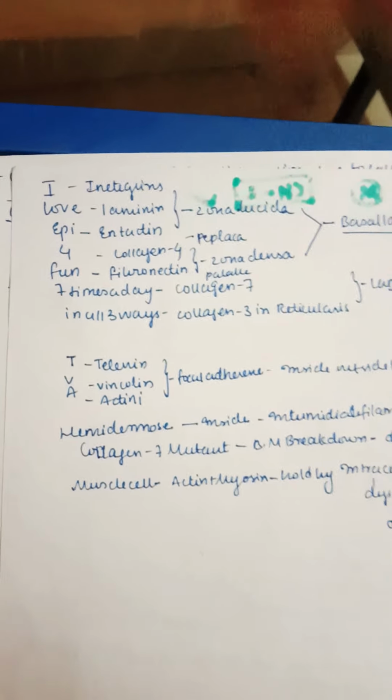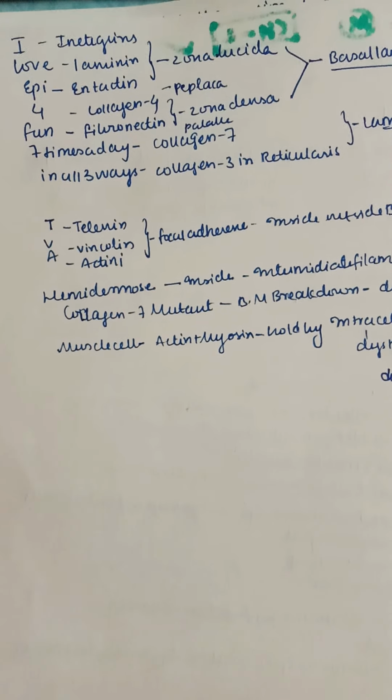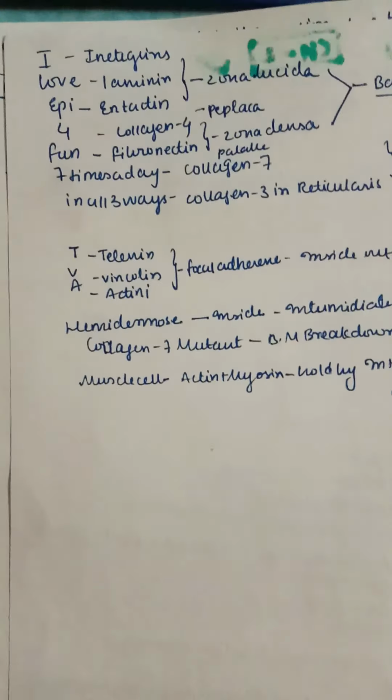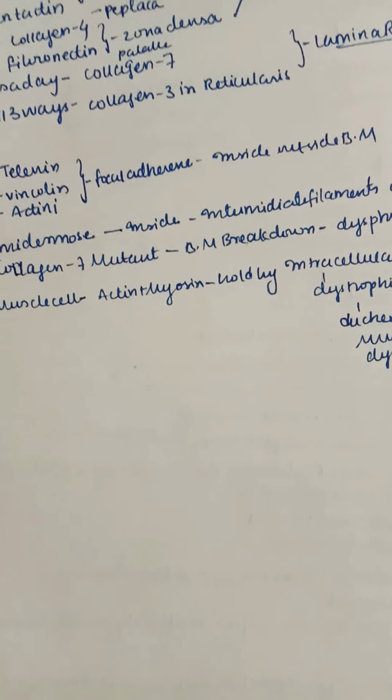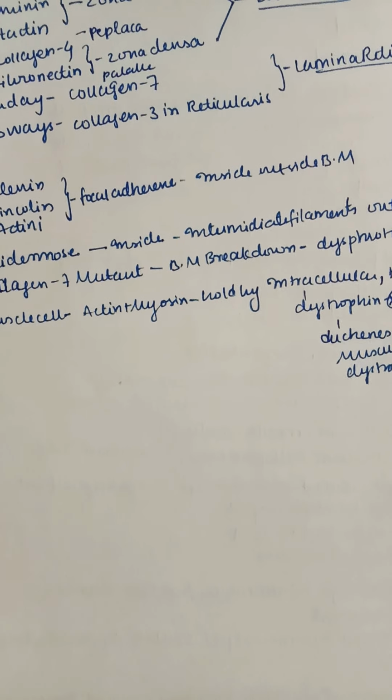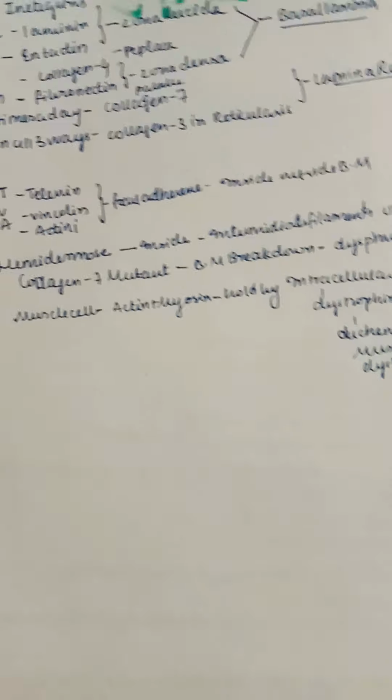So the cells involved in the basement membrane are covered by this mnemonic. Next, this basal lamina is on the outside of the cells, right? Inside, towards the cell, it is attached to TVA, that is talin, vinculin, and actinin, the focal adhesions which are attached inside to the cell and outside to the basement membrane.